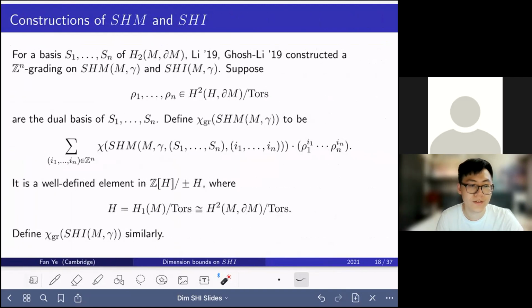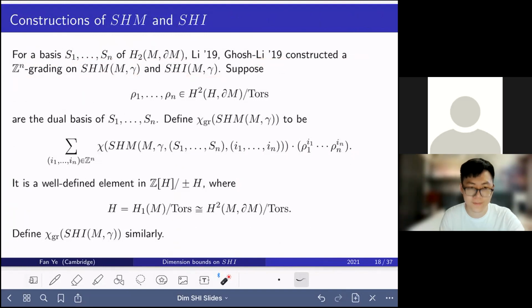Okay, then let's think about the Euler characteristic or gradings on SHM and SHI. At first we need to choose a basis S1 to Sn in H_2(M, ∂M; R), and then Zhenkun Li constructed a Z^n grading on SHM and SHI.